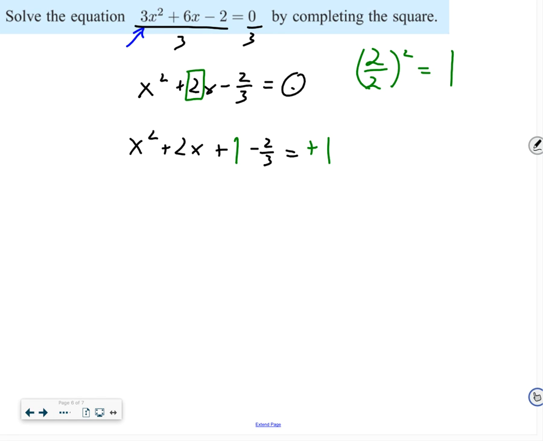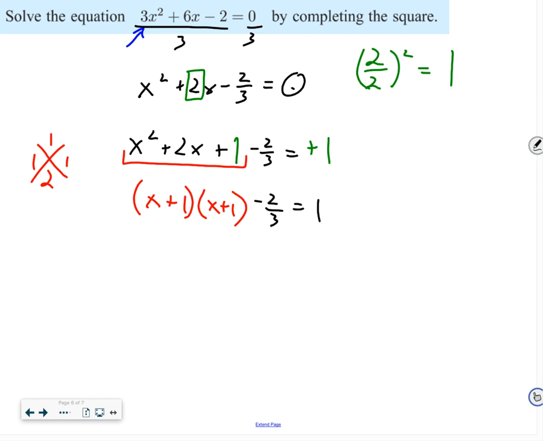Okay, so again, I look at this piece and look for my perfect square. Well, if I go like this, things that multiply to 1, that add to 2, well, that's 1 and 1. So this is going to simplify to x plus 1 times x plus 1 minus 2 thirds, which is equal to 1.